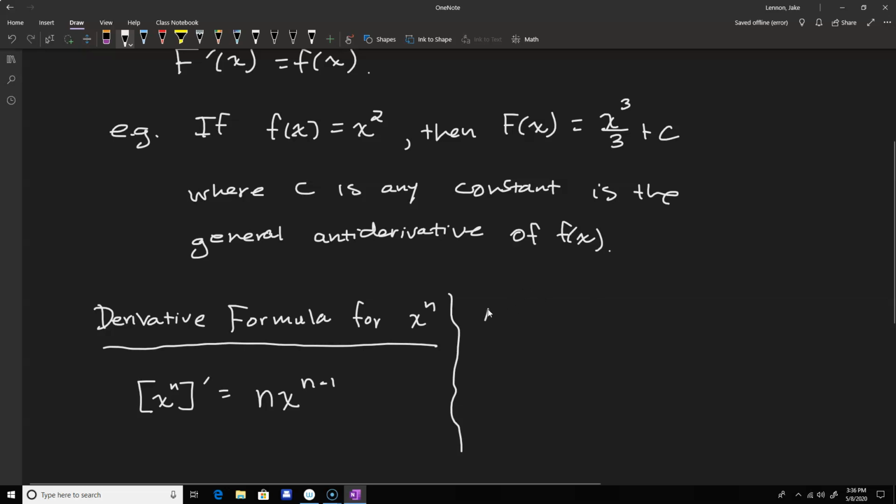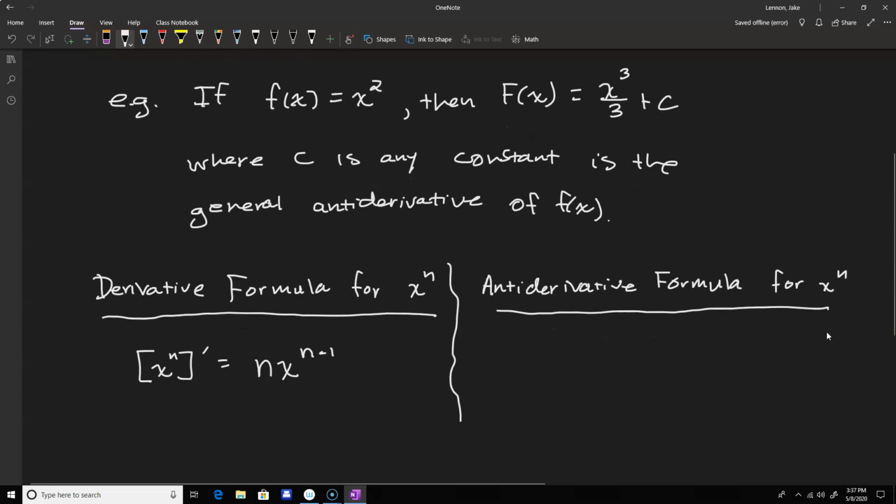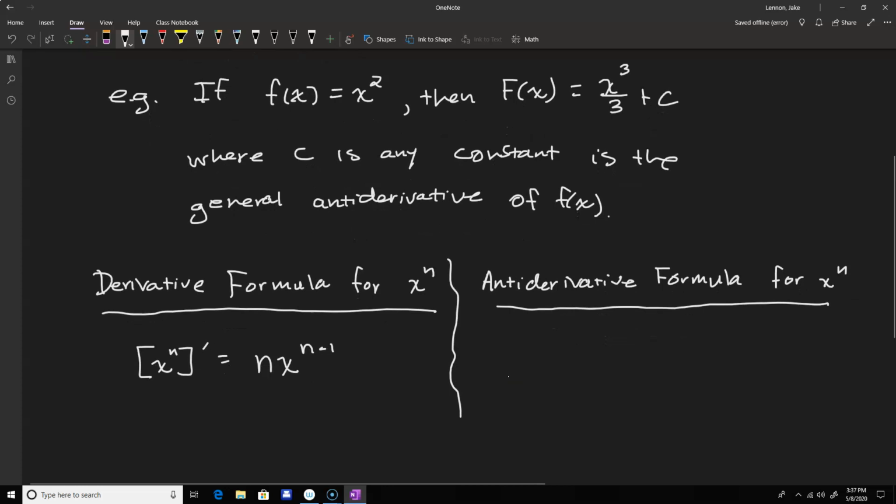So the antiderivative formula for x to the n is going to be, and let me reuse that integral notation we did for areas. We'll see this with the fundamental theorem more concretely when it comes to definite integrals, but we use that integral symbol.